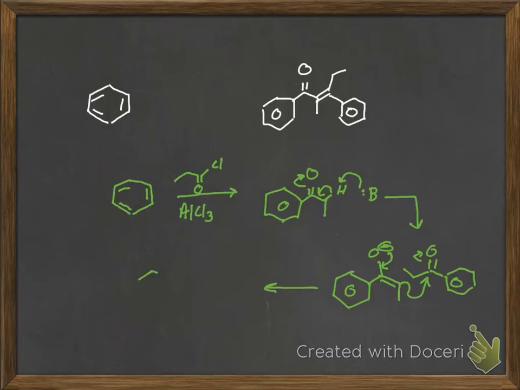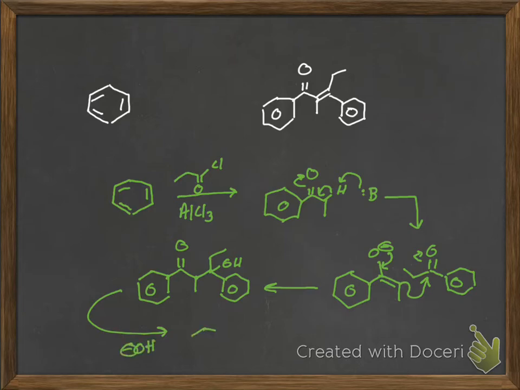I just like to sort of lay out how I did it, at least the first time. So now we're here. We're like this. And then we lose the OH, and that puts us here.